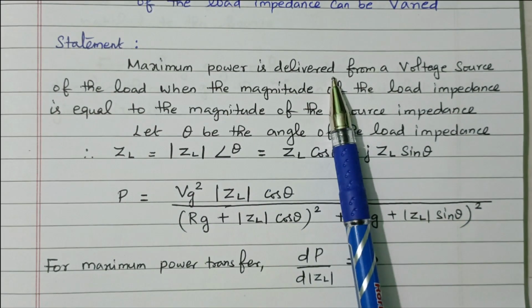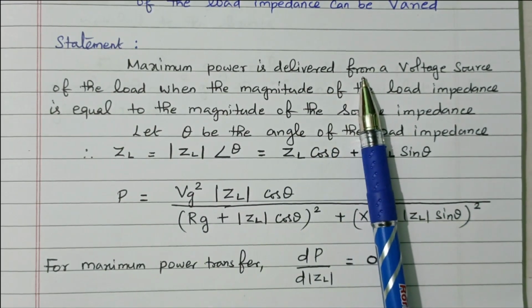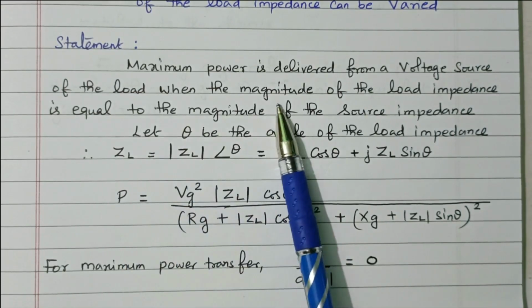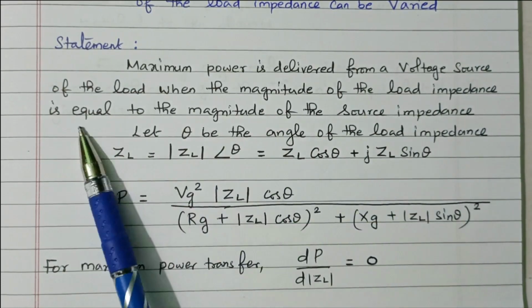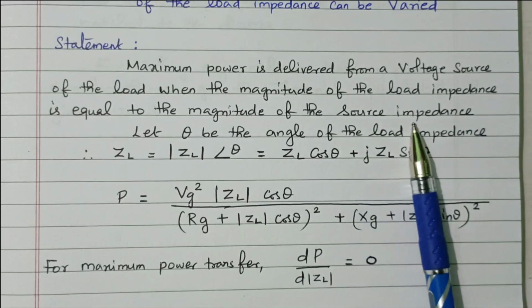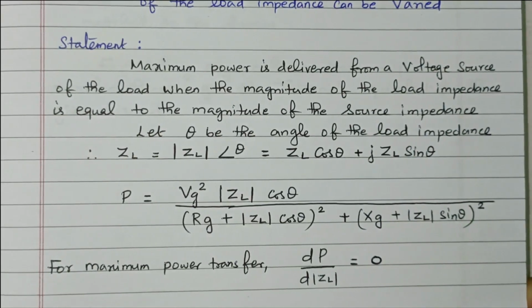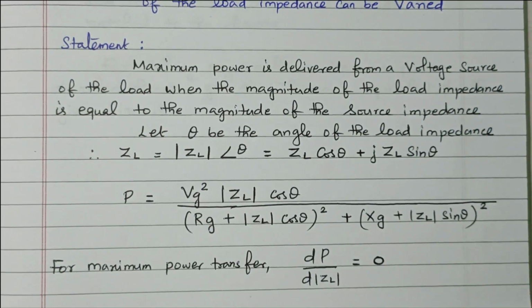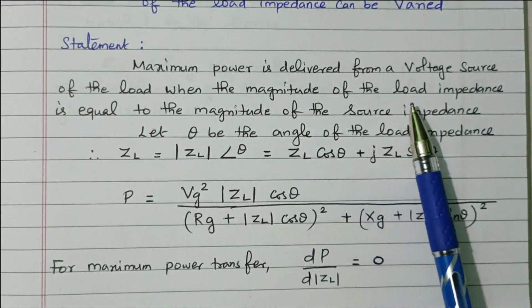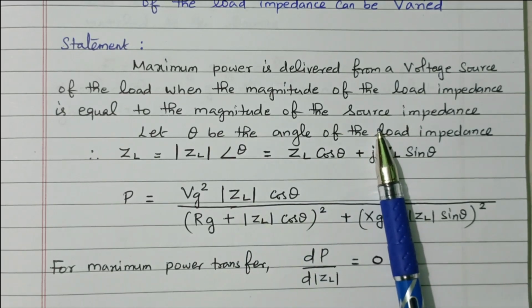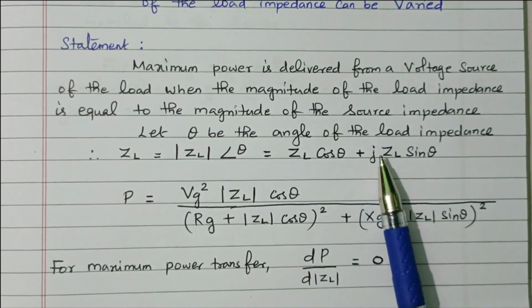Maximum power is delivered from a voltage source to a load when the magnitude of the load impedance is equal to the magnitude of the source impedance. Previously we had the complex conjugate. Now here we are concentrating only on the magnitude. So the magnitude of the load impedance equals the magnitude of the source impedance, right? We have concentrated only on the magnitude.